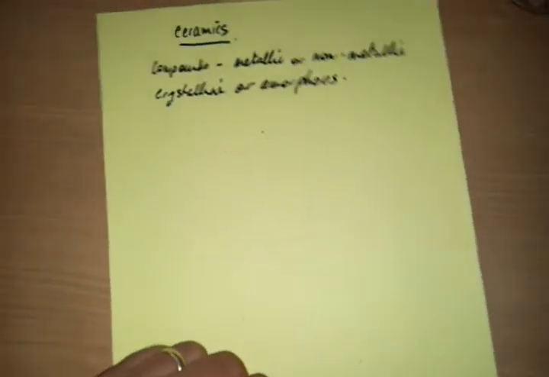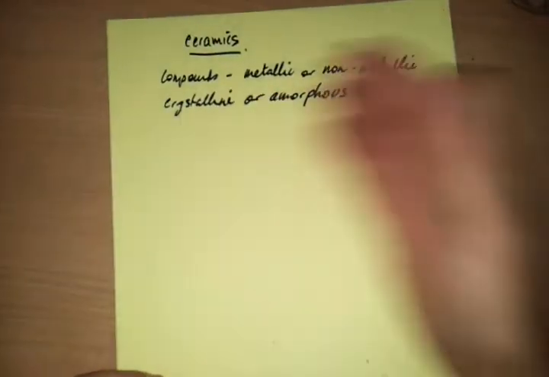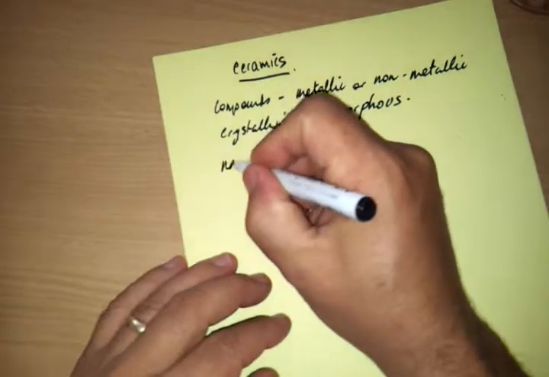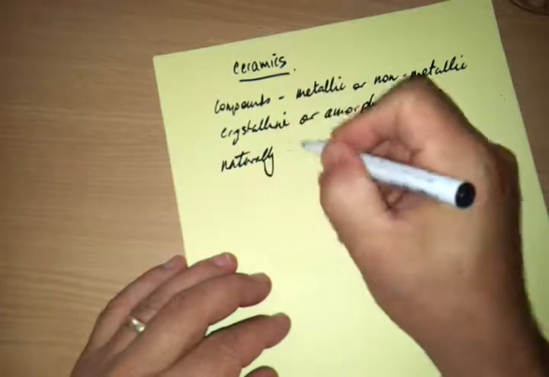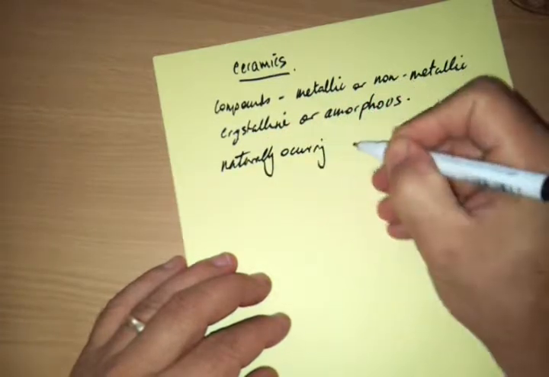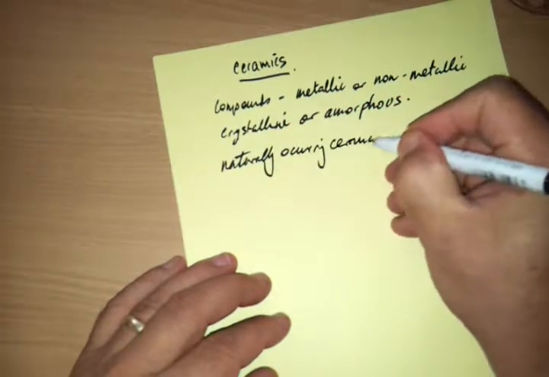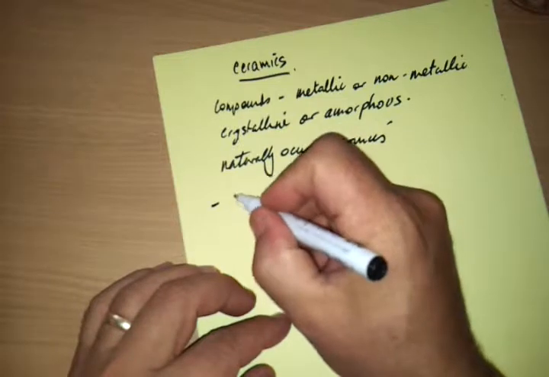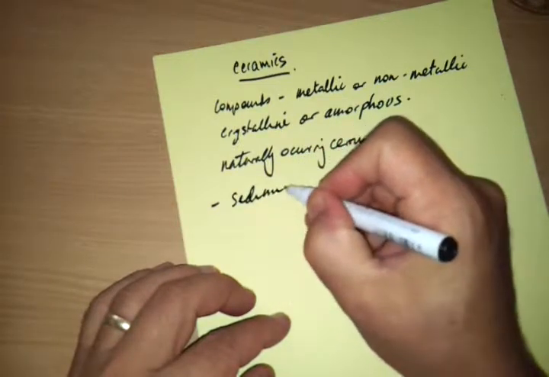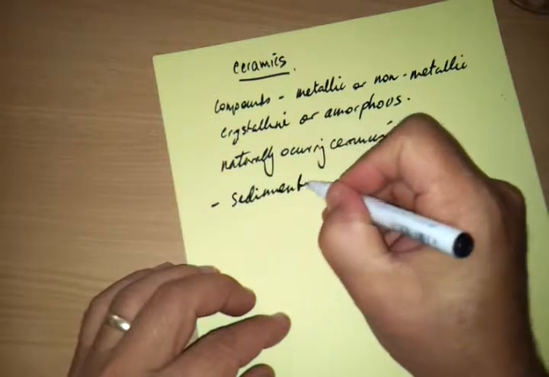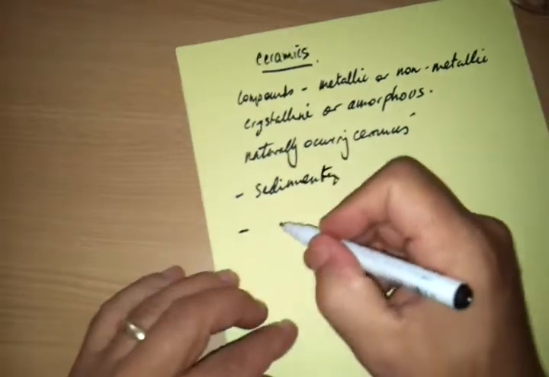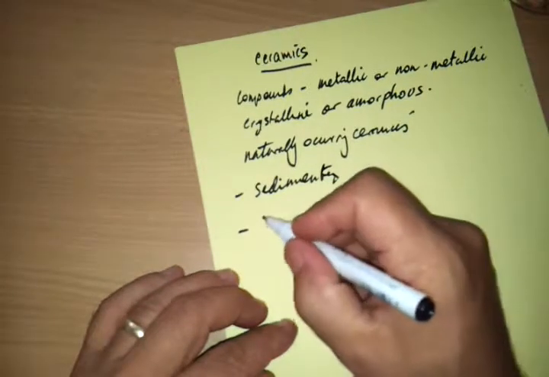Okay, other naturally occurring rocks that have been used in building structures. I've talked about sedimentary rocks, so these will be naturally occurring ceramics. We're going to also look at igneous rocks now.